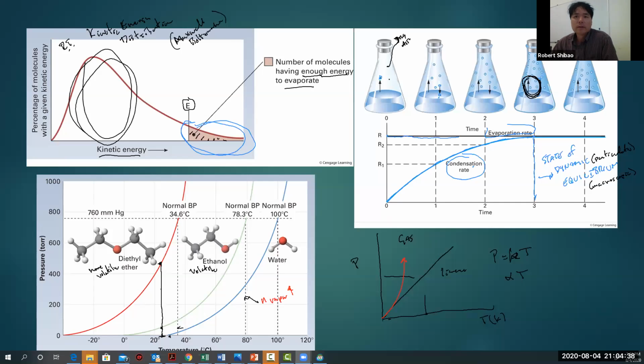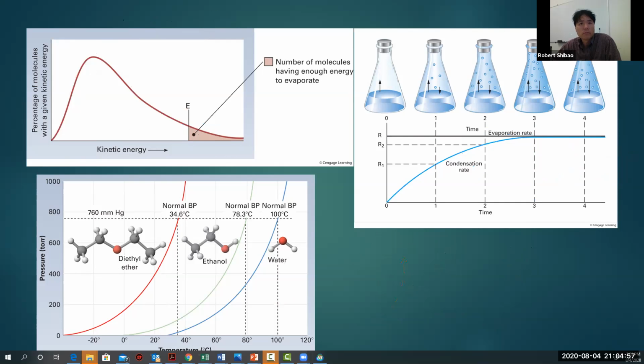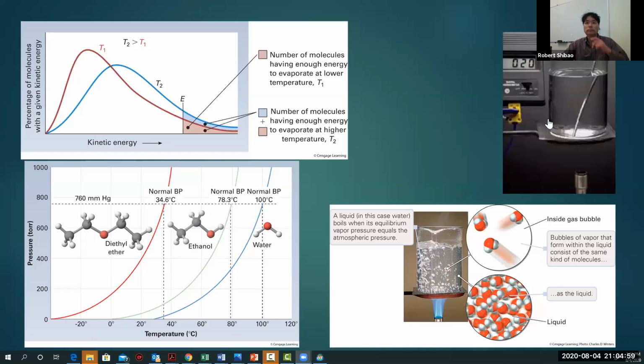All right, we'll continue here. We can see how the vapor pressure changes by taking a look at how this curve changes with temperature. And that's on the next slide. This is called a vapor pressure curve.